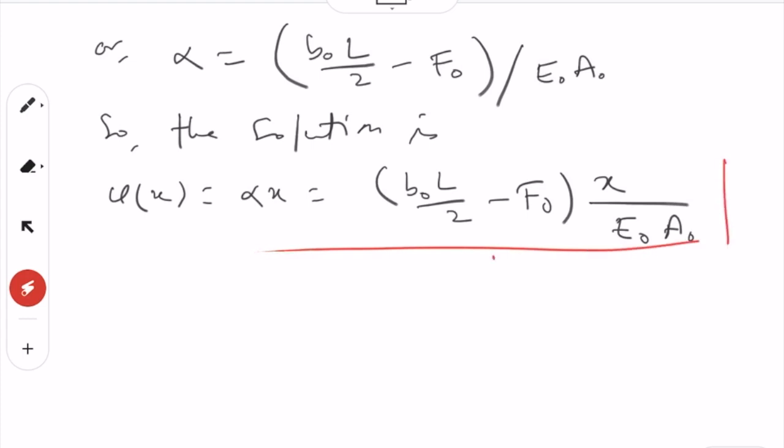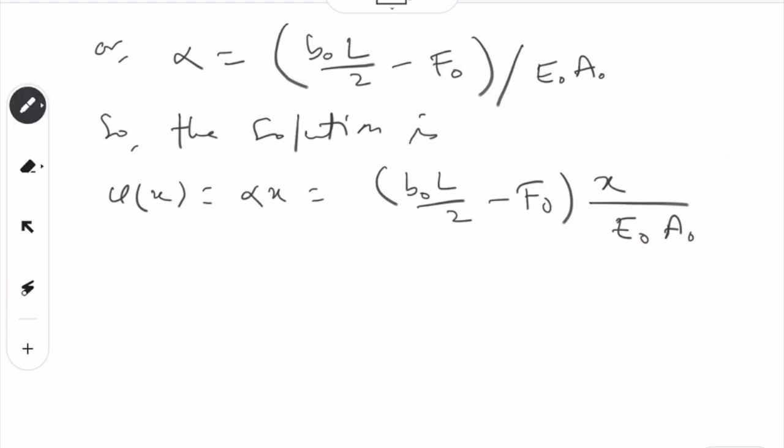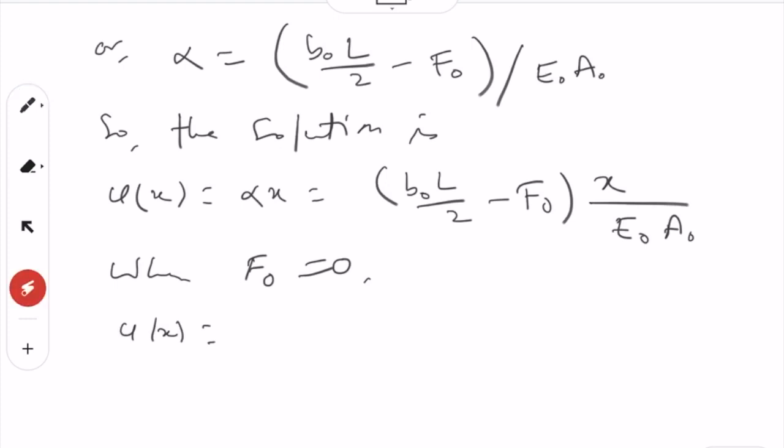So this is the solution. However, we solved earlier with f naught equal to 0. So when f naught equal to 0, u of x will be, put 0 here, and we get simply half b naught L over E naught A naught times x.